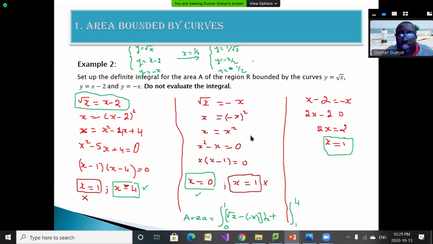So for the second integral, I'm going to pick a number between 1 and 4. Okay, I can take x equal to 2, for example. You can take 3 if you want. At the end of the day, we'll get the same solution. Now, when you substitute in the first equation, you get y equal to root 2.